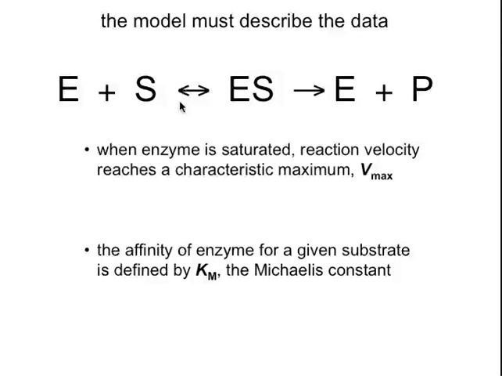K minus 1 is the reverse reaction, that is the non-productive disassembly of the ES complex. So K1 and K minus 1. K2, also known as kcat, is the productive disassembly of the ES complex. And again, we could have a K minus 2, but we'll assume that we don't by defining conditions in the appropriate way.